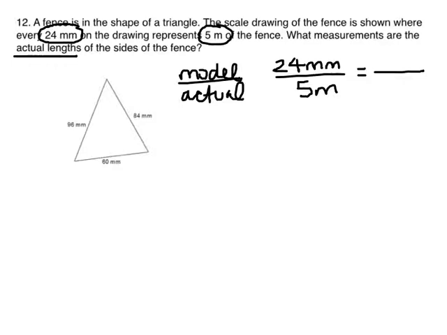So it's giving us the millimeters, so that's the model. So 96 millimeters. And then you go and find your actual. So in this situation, 24x equals 96 times 5. 5 times 6 is 30. 9 times 5 is 45.